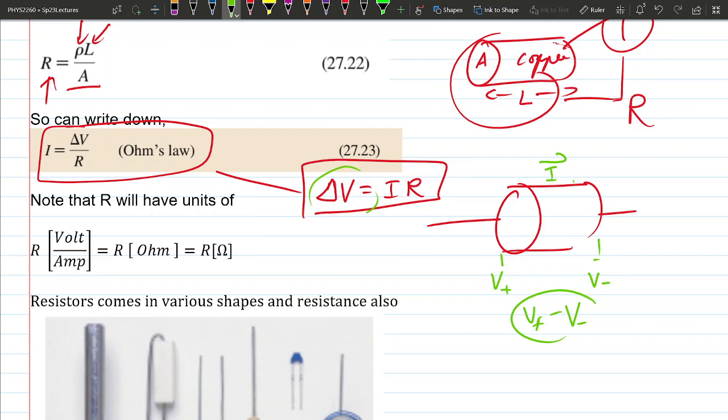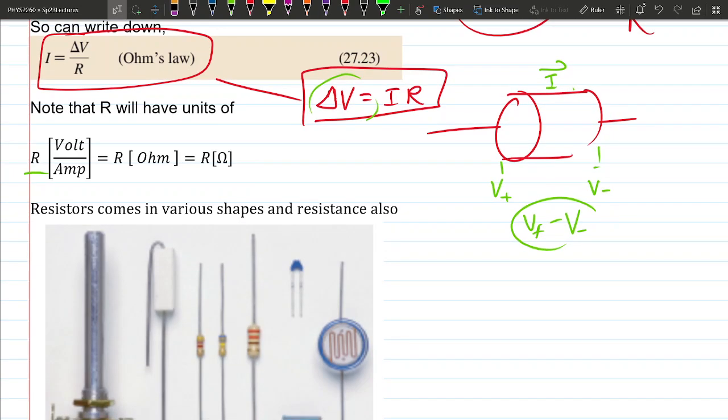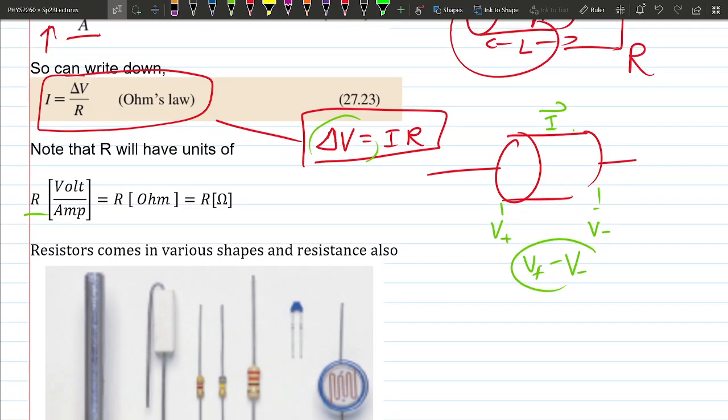Okay. And resistance, and this is where the definition of ohm came in from last time. I told you not to worry about it until now. Now we actually can define what an ohm is. If we solve Ohm's law for R, R is just going to be equal to delta V over I. Delta V, of course, will have units of volt.